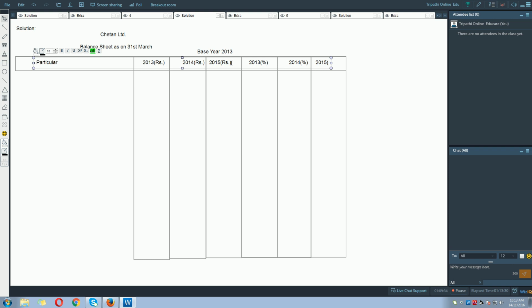Particulars, 2013 rupees, 2014 rupees, and 2015 rupees.